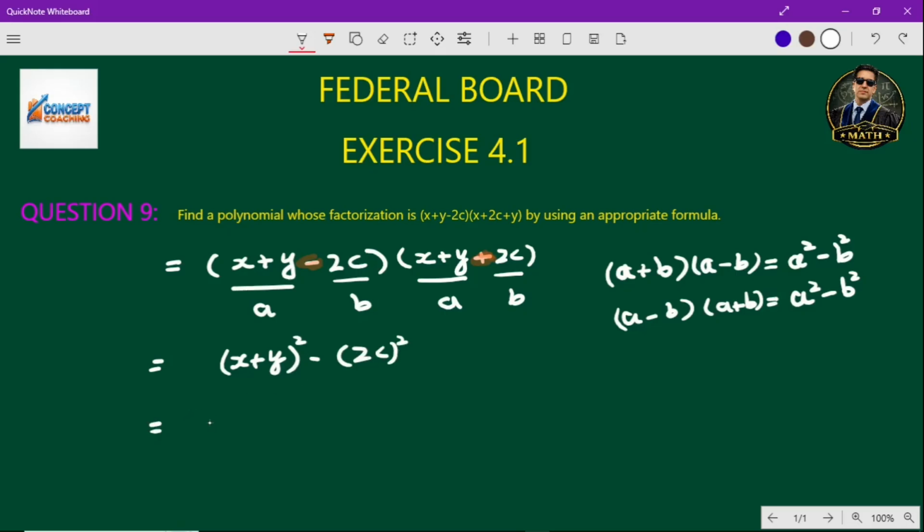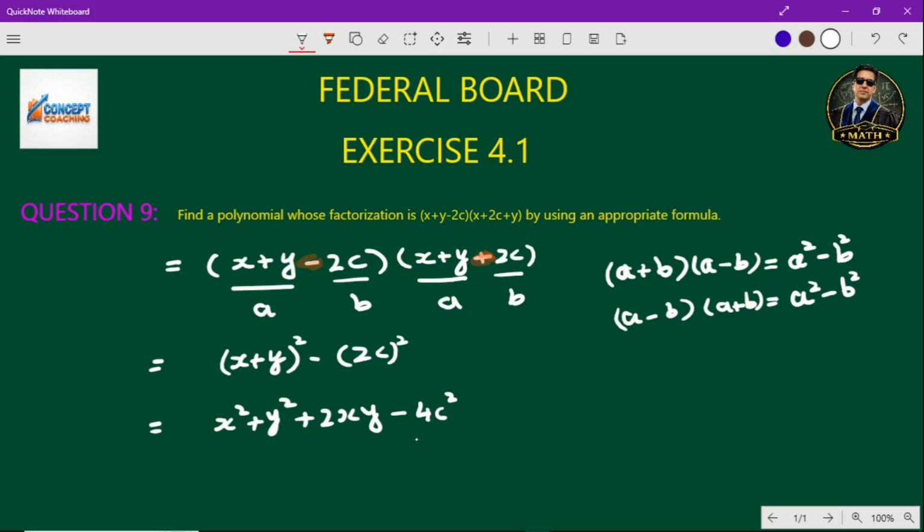This will be equal to x square plus y square plus 2xy, and minus we have, 2 square is 4 and c square. So this is the expression x square plus y square plus 2xy minus 4c square.